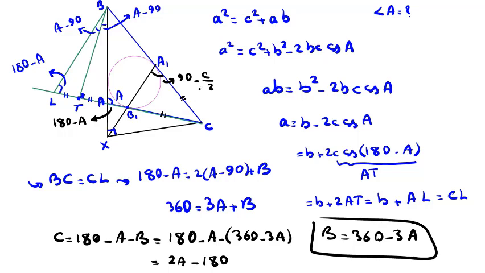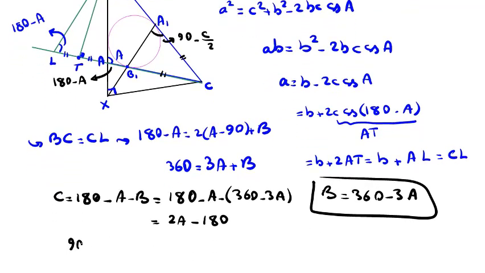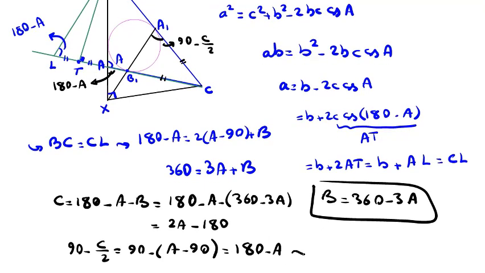Now this angle is 90 minus C over 2, which is 90 minus (A minus 90), so it is 180 minus A. So we understand these two angles are equal, so we can conclude AA1CX is cyclic.